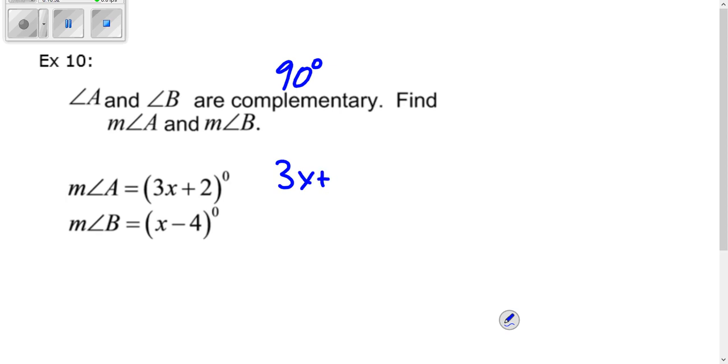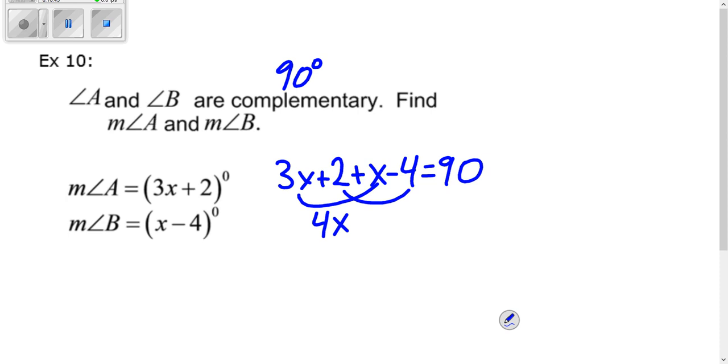So 3x plus 2 plus x minus 4 equals 90. Add 3x and x. 2 minus 4 gives us negative 2, so minus 2 equals 90.